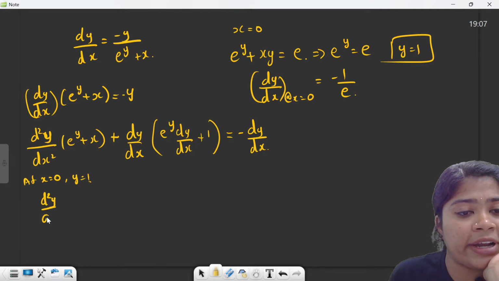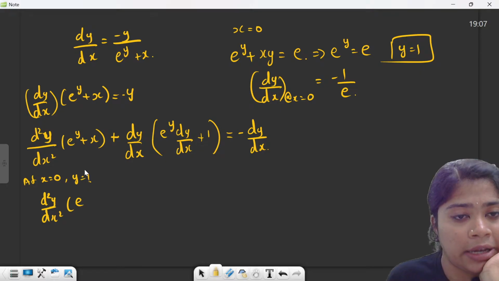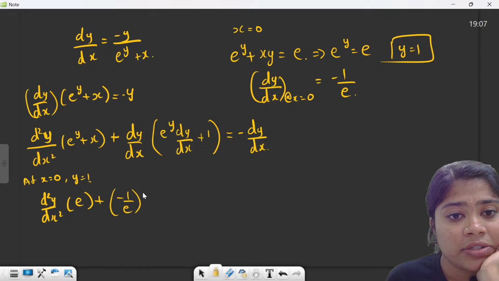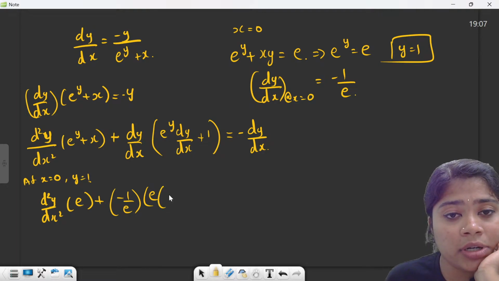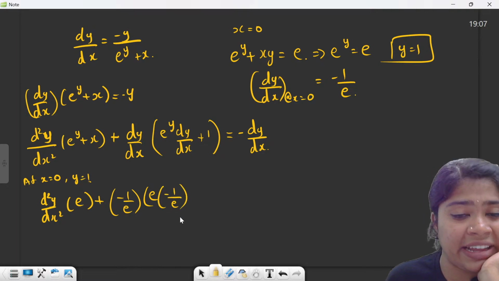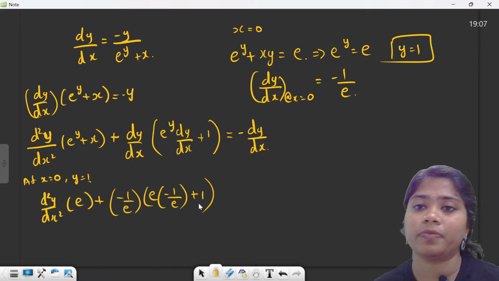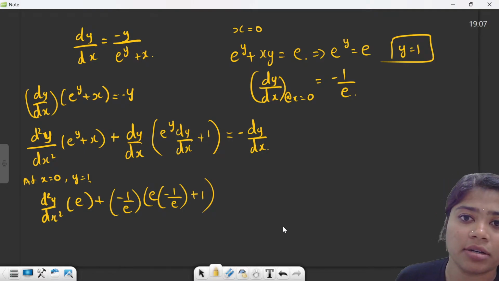Now d square y by dx square we are going to find. So e along with minus 1 by e; here I will be getting e only. Here minus 1 by e gives plus 1, correct?